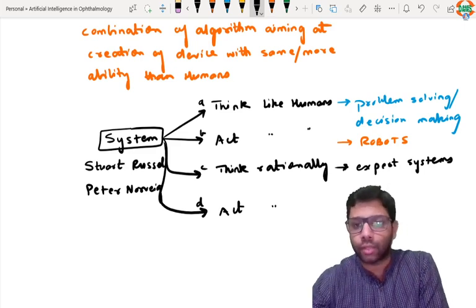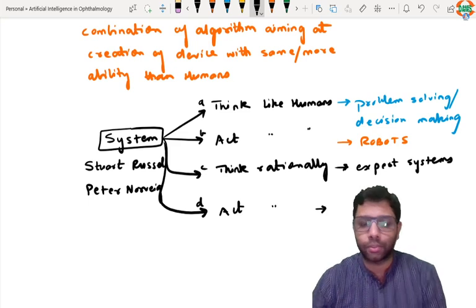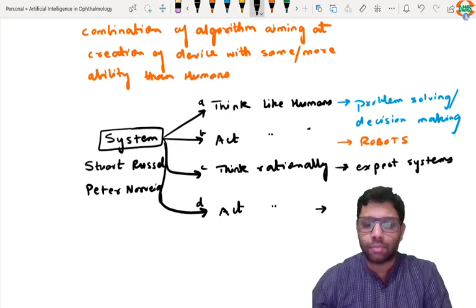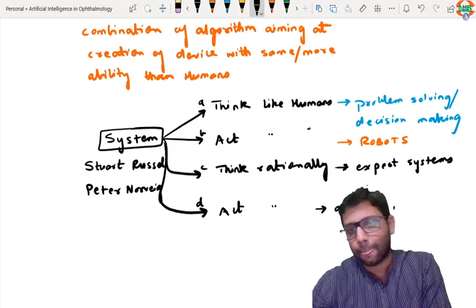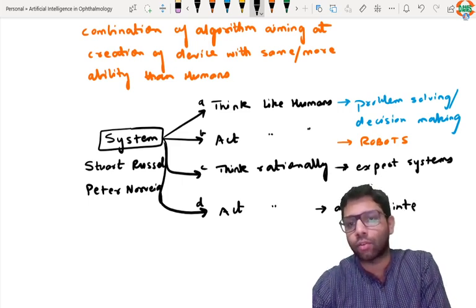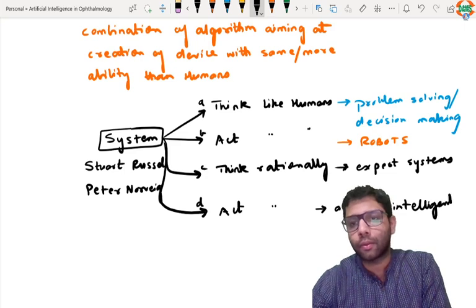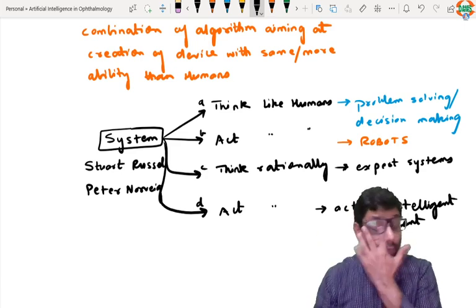And acting rationally means it is acting like an intelligent agent. That was given by Russell and Norvig.